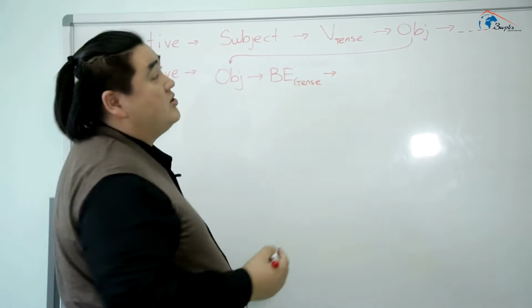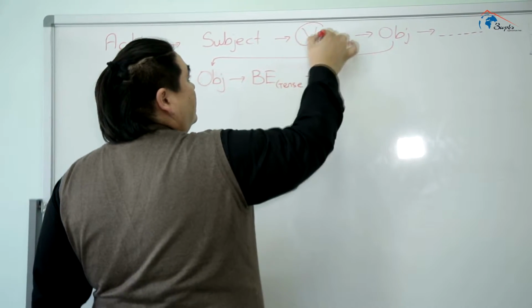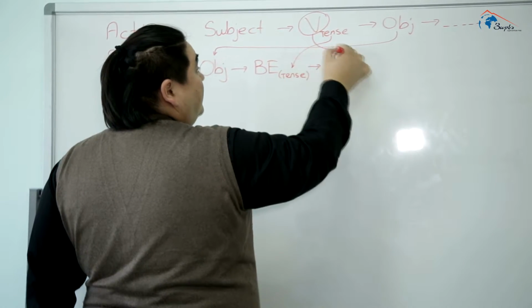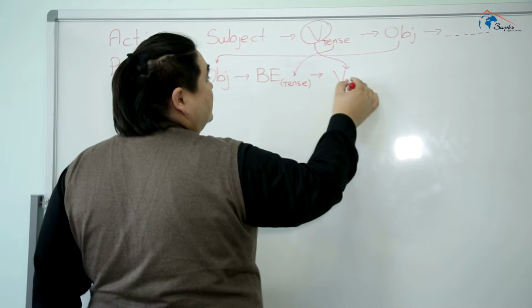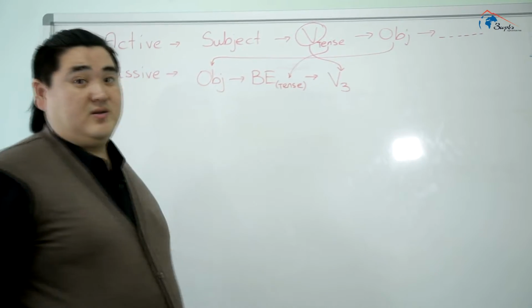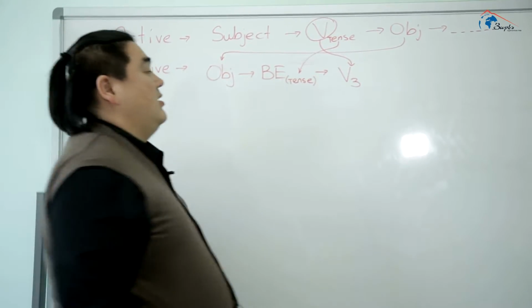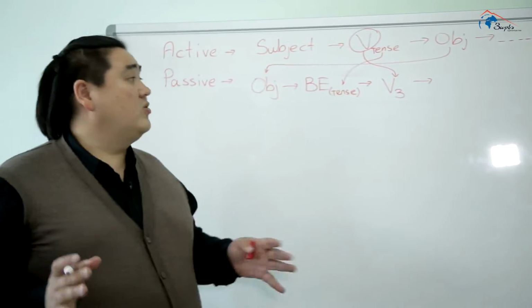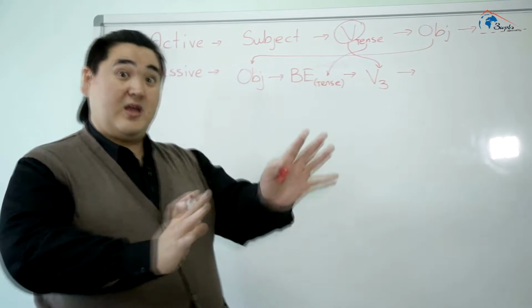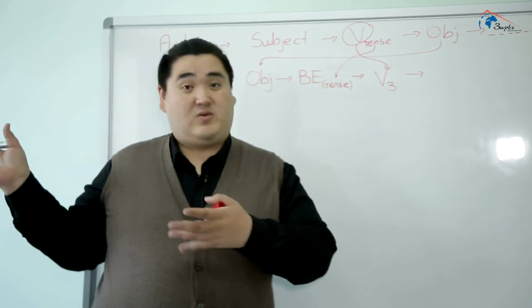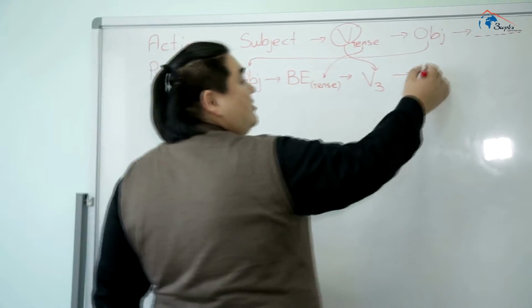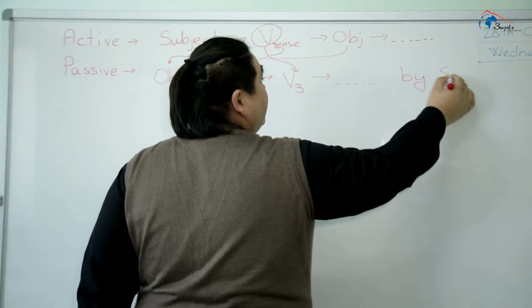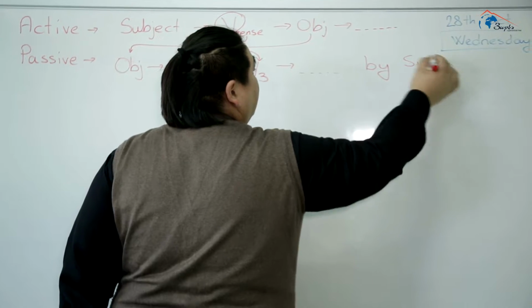And then the original verb goes here as the past participle. Okay, so if you really want to say who did the action of breaking the vase or breaking a window, you can say it after all this by the subject.